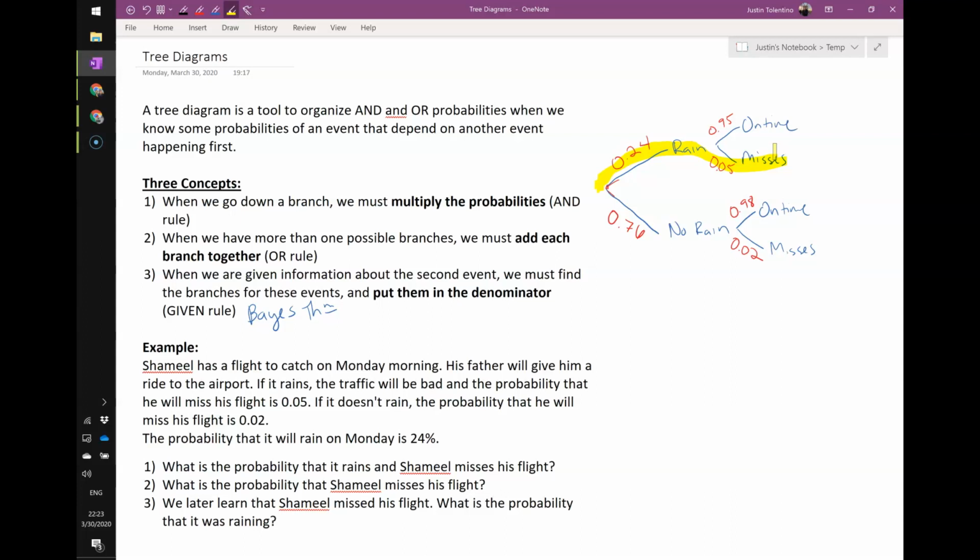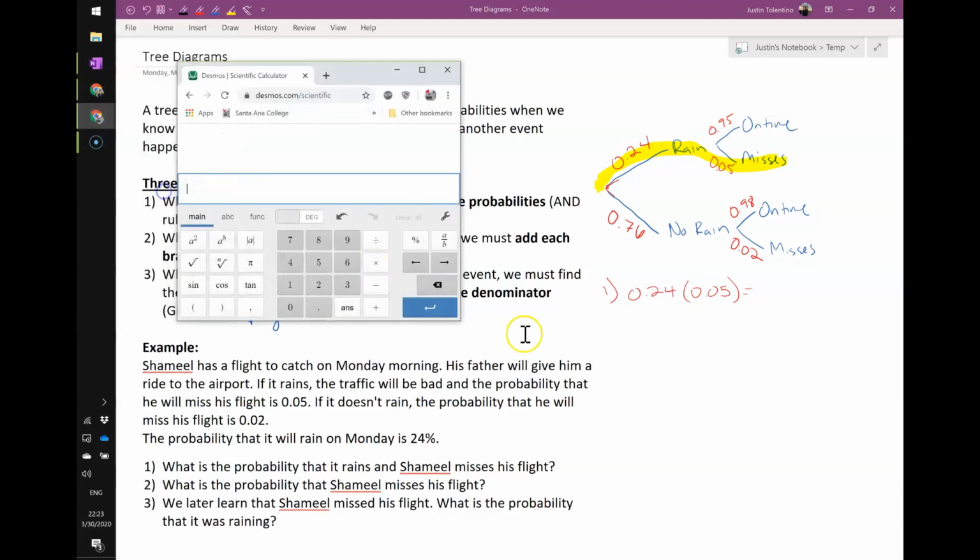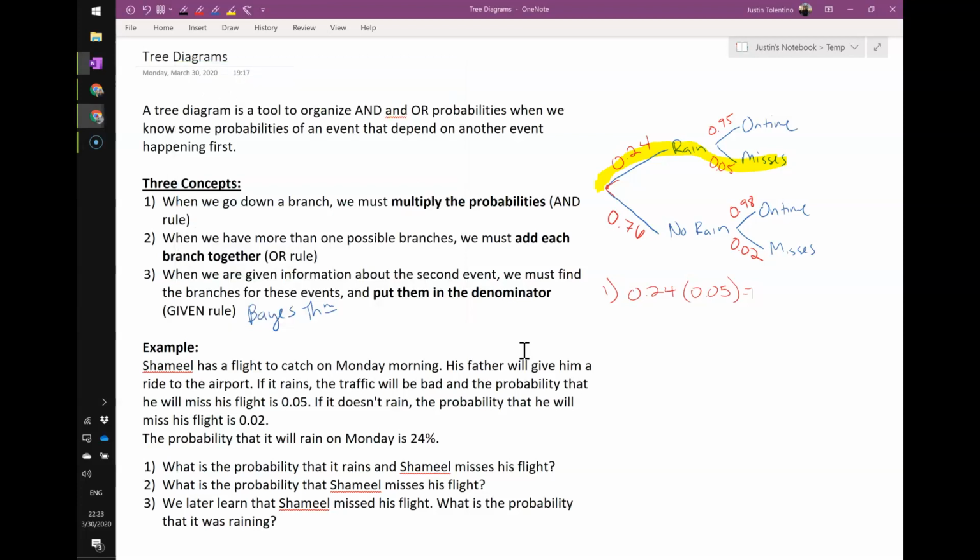This is the multiplication rule, rain and missing his flight. So in this case, to get down that branch is just going to be 0.24 times 0.05. And if we calculate that out, we get 0.012.